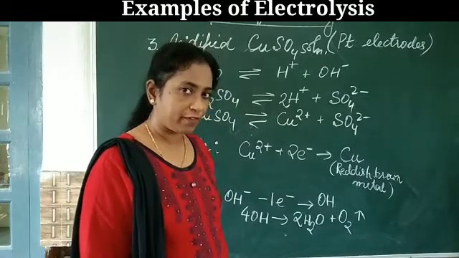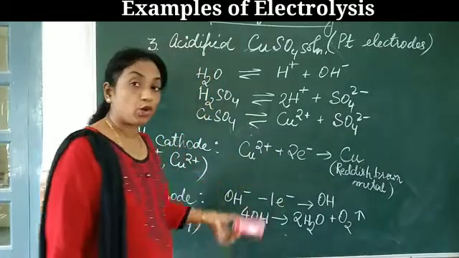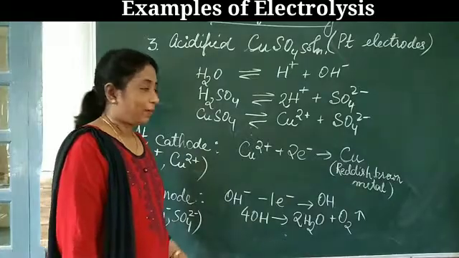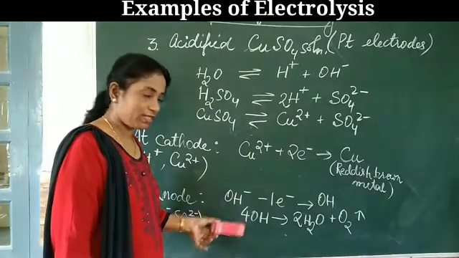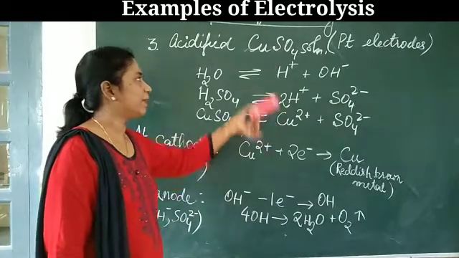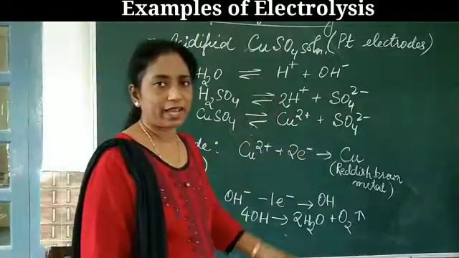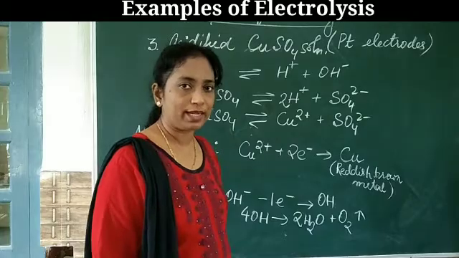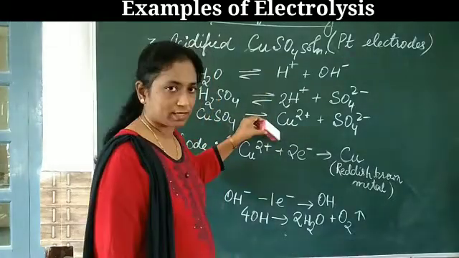And what else can come from this part? The electrode reactions can come. But when you write the electrode reactions, this is the cathode reaction, this is the anode reaction, it is always better to write the ionization reactions also. It's always good to write, though there are no marks for this.